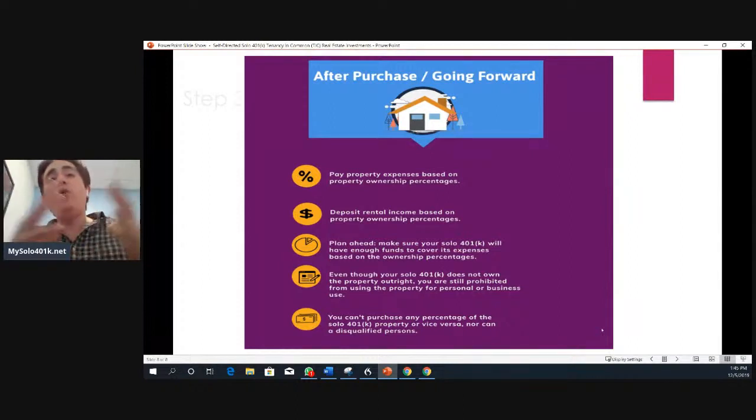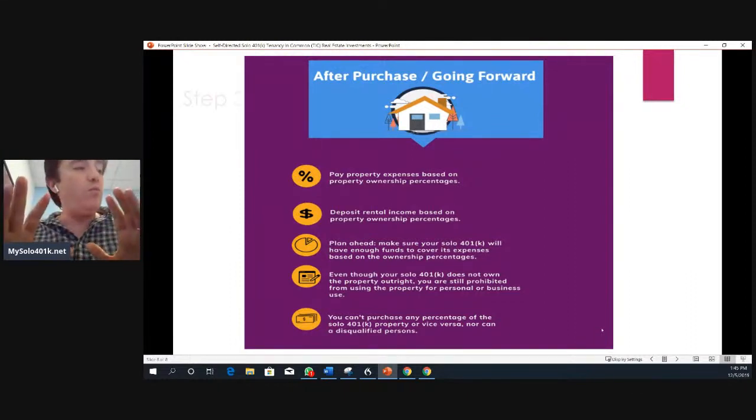And they say, well, I own part of this property personally because I bought it as a tenancy in common. Can I use, at least for part of the year, the property for myself? Use it as a vacation spot? The answer is no. If your solo 401k owns any part of that property, it's going to be just like your 401k owns the whole thing. You can't use it for personal use. You can't work on the property. You have to observe all those same rules.